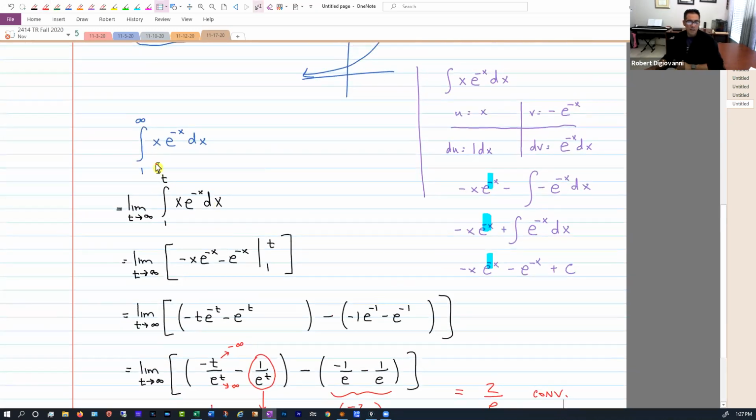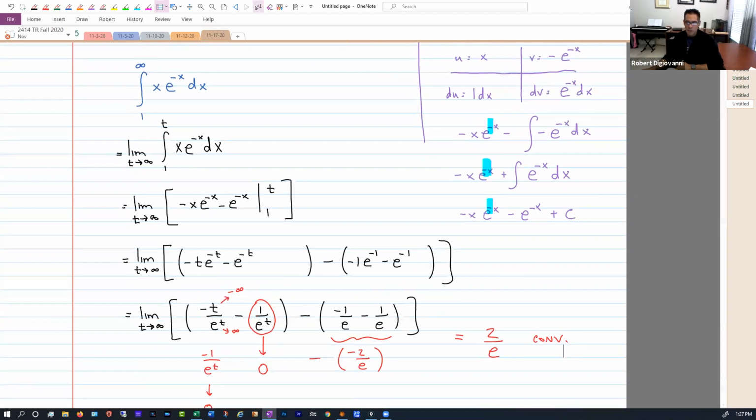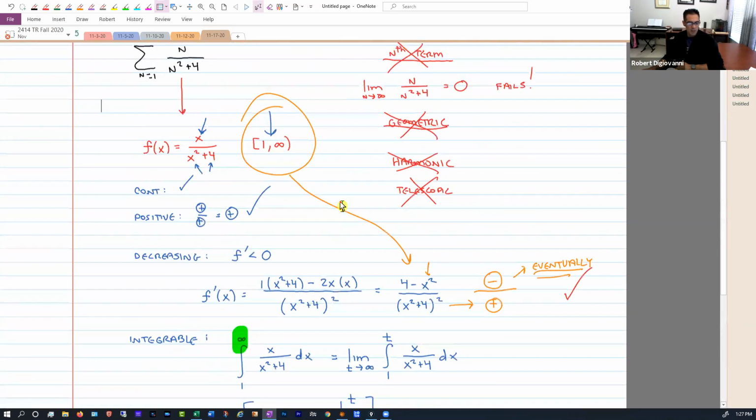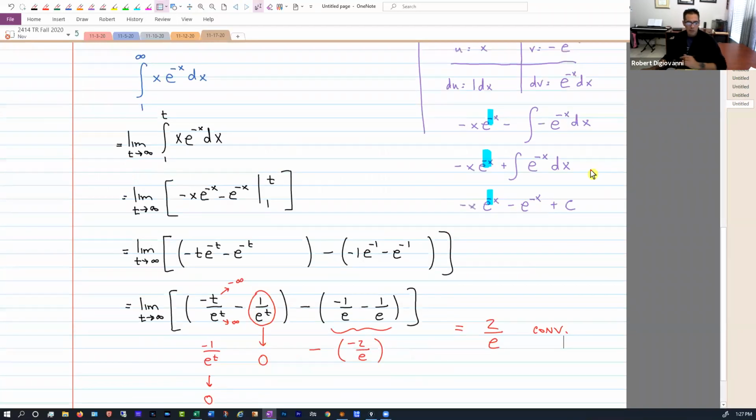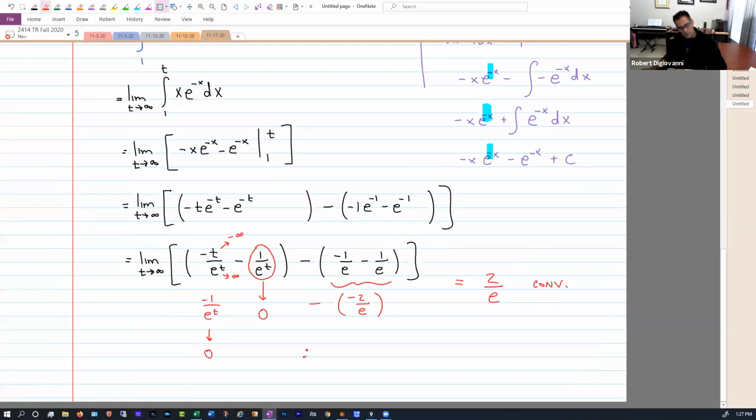The integral converged. And according to the test, if the integral converges, then so does the series. Therefore, this series converges.